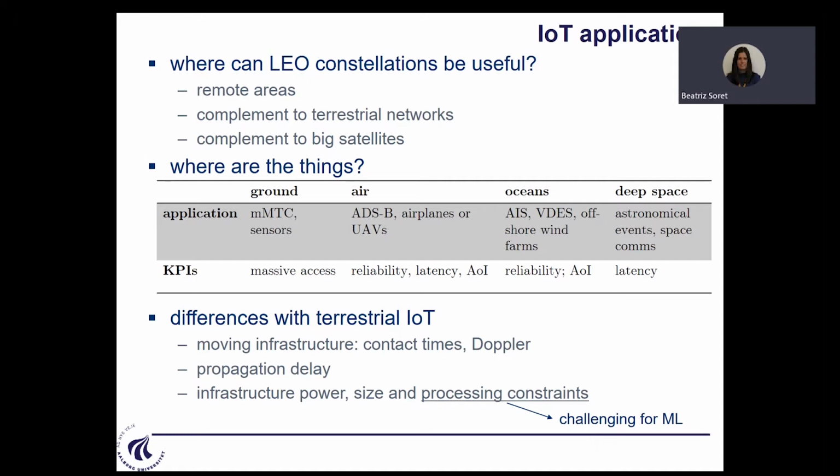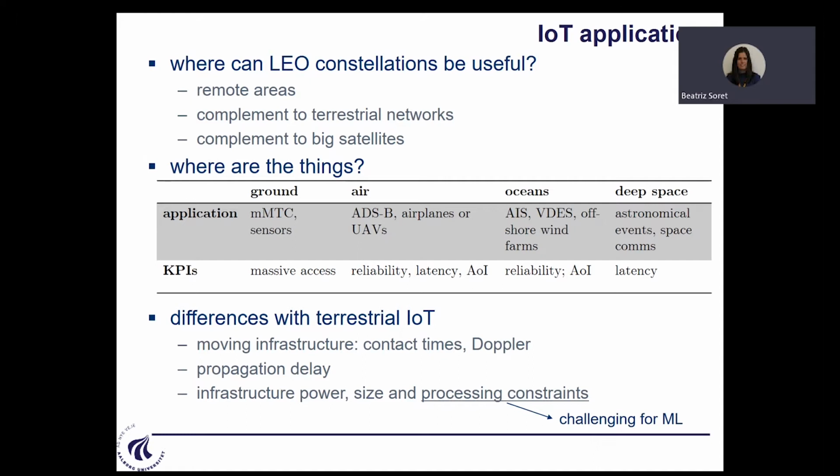But we have other cases with satellite. For example, we have some interesting applications in the air. When you have airplanes or also drones, you have this technology, ADS-B, which is for tracking airplanes. The idea is that the airplane is all the time reporting status information regarding the position, the velocity, the direction, and so on.